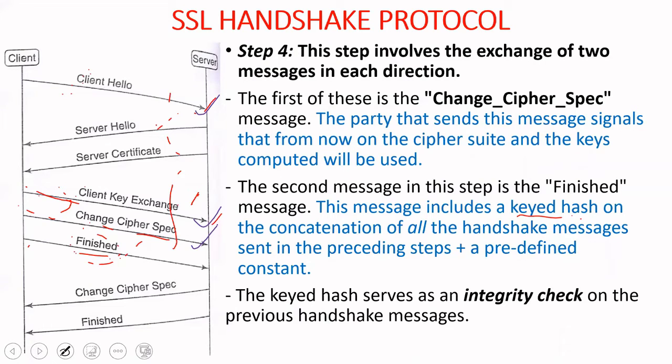If both the MAC that has been sent by the client and the MAC that the server gets by this calculation are the same, fine. Otherwise, the server knows that an attacker has made some changes and it will abort the message. So the keyed hash serves as an integrity check on the previous handshake messages.